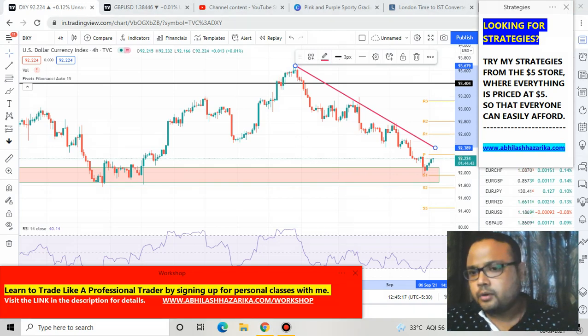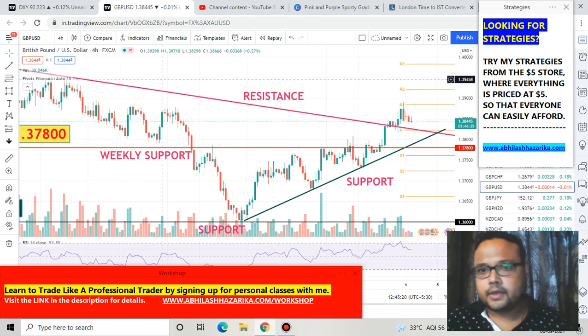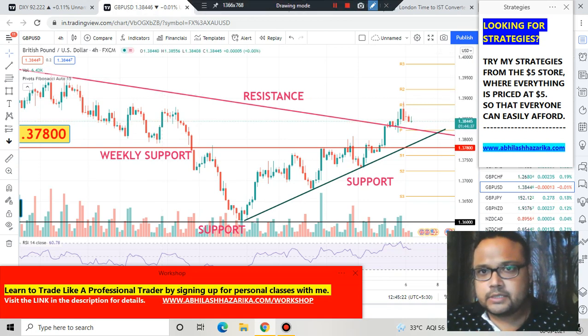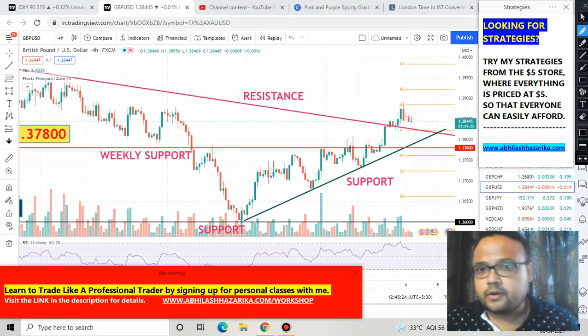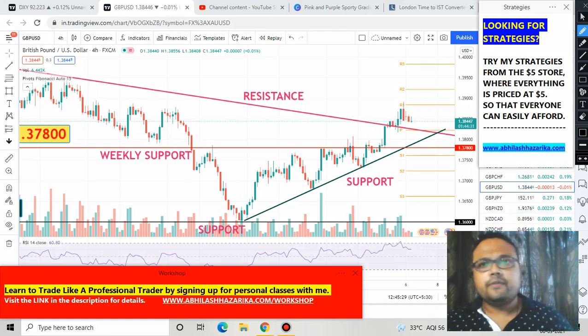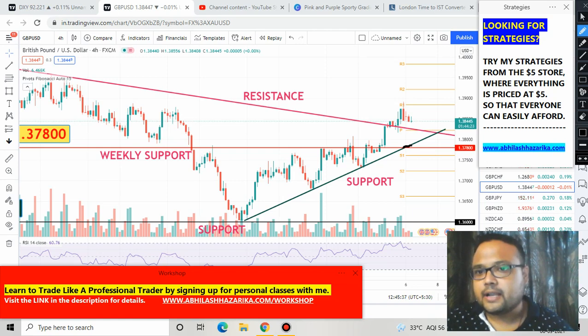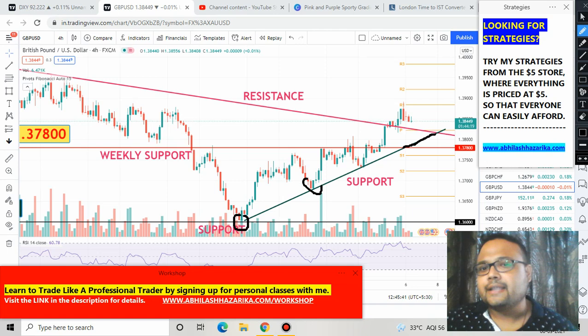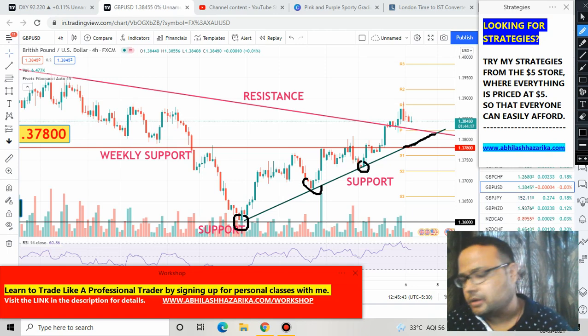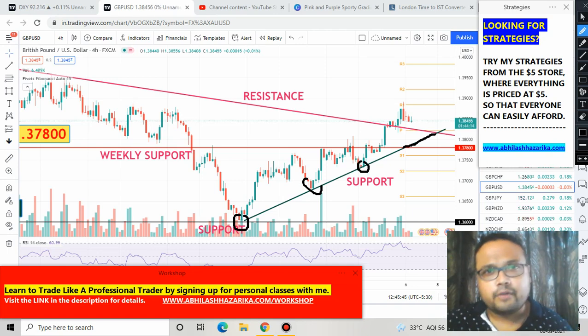If you want to know more, then please watch the previous video where I have clearly explained. This is the chart of GBP USD, and as the dollar is trying to recover, GBP USD is going down. If you ask me which is the best position, then I'll say that according to the chart here, the best trading opportunity is this trend line, because you can see that this trend line is acting as a valid support: whenever the market came down, the trend line provided the required support.